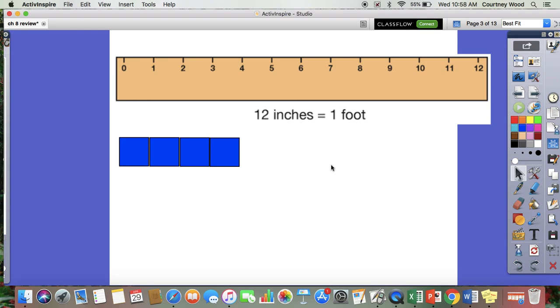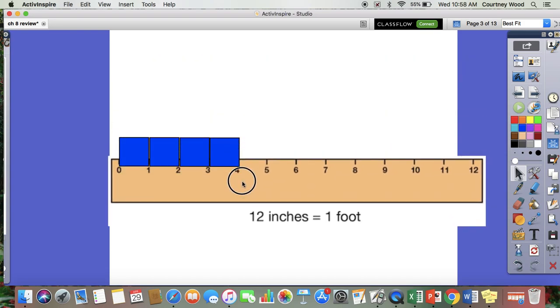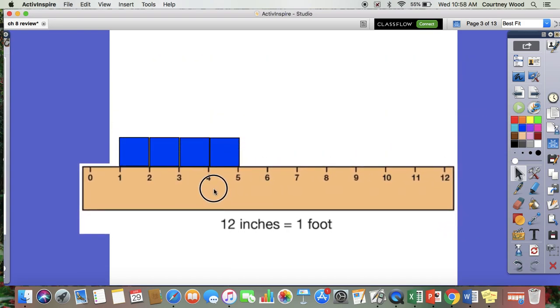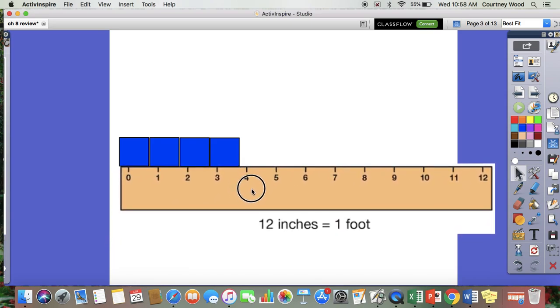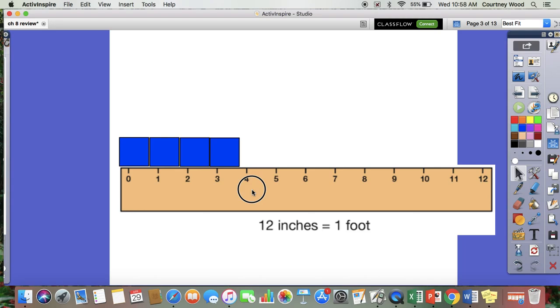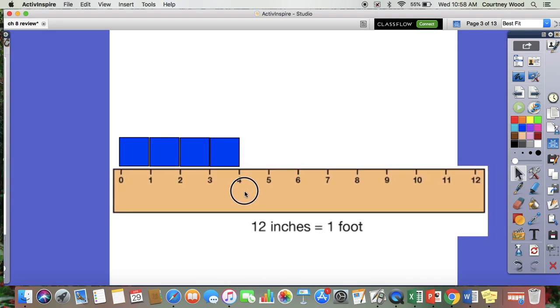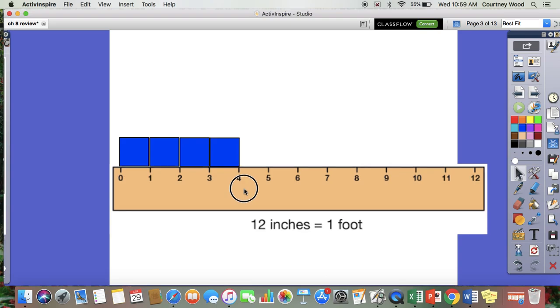Now if you look over here, I have a few blocks, and if I'm going to measure with a ruler, remember I don't start at 1, you always start at 0. See how the 0 doesn't even go to the beginning of the cubes. I start my measurement right at 0.